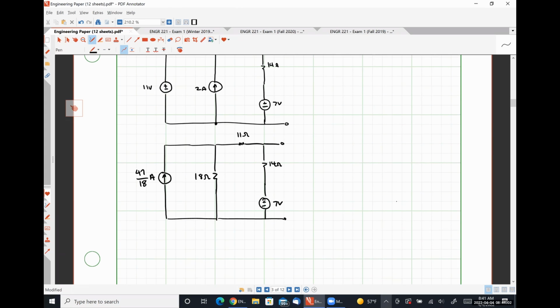So that would give me 47 volts in series with an 18 ohm resistor. I could combine the 18 ohm resistor and the 11 ohm resistor because they are in series. So that's going to be 18 plus 11 is 29.